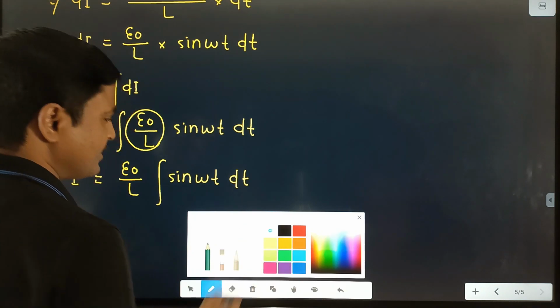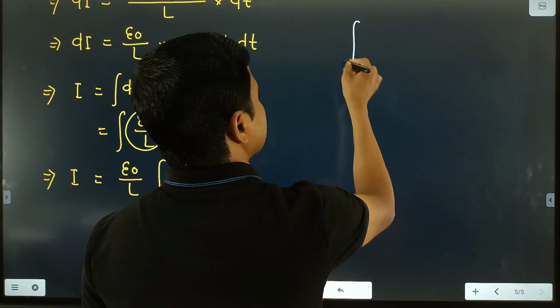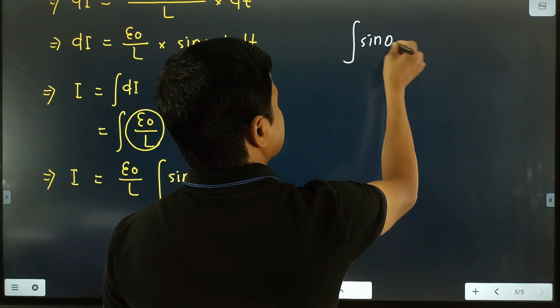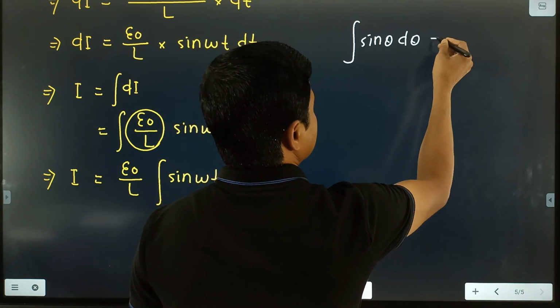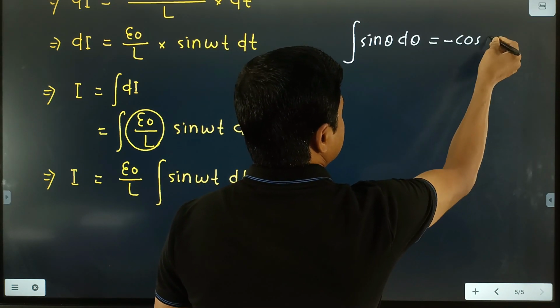You know the formula: integration of sin theta d theta is equal to minus cos theta.